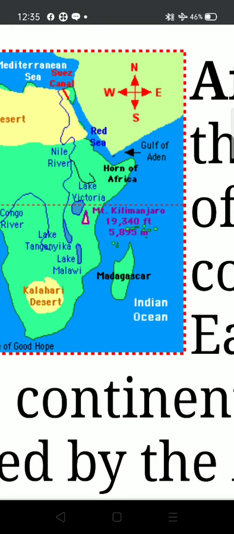Initially, when Europeans tried to go inland, many African tribes came in direct conflict with them. There is almost no place on this earth where Europeans did not have a relationship with.